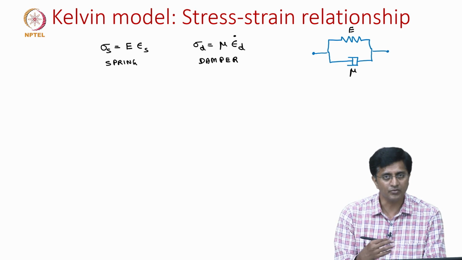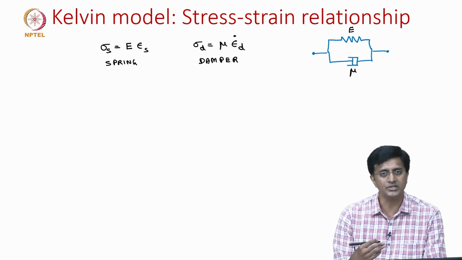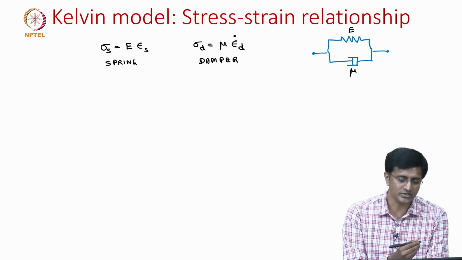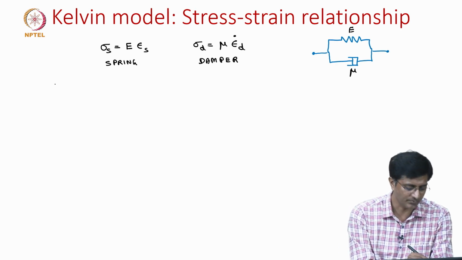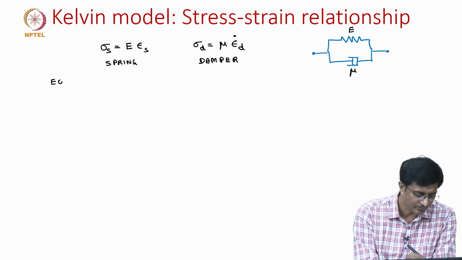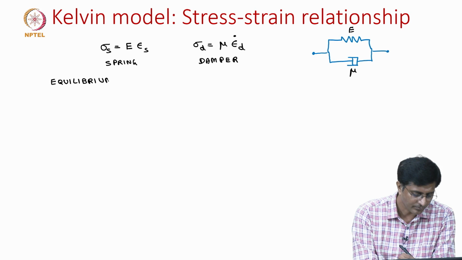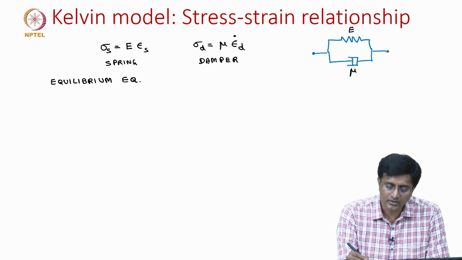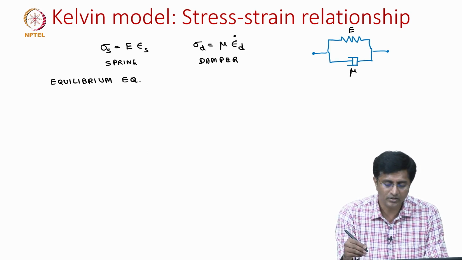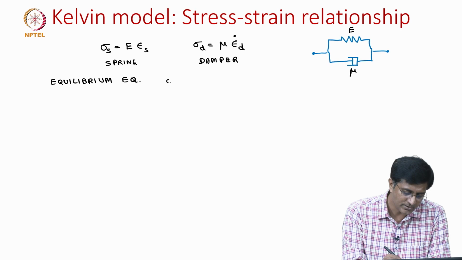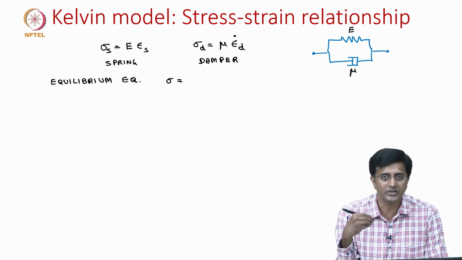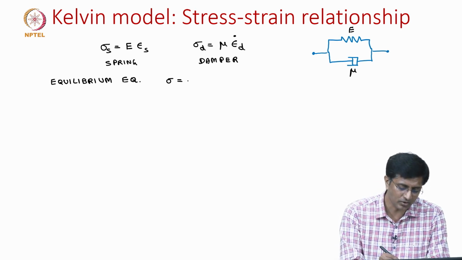Same as with the Maxwell model, we start by writing the equilibrium equations and the kinematic equations. First, let us start with the equilibrium equation. Looking at the spring and the damper in parallel, the applied stress will be shared between the spring and the damper, and the total stress is the sum of the stress in the spring plus the stress in the damper.